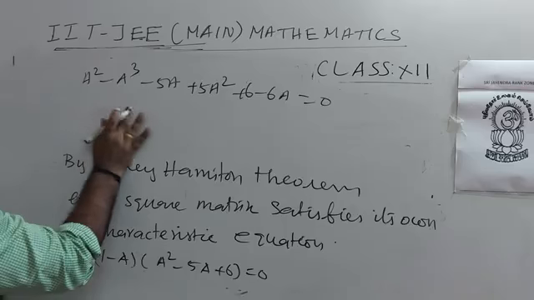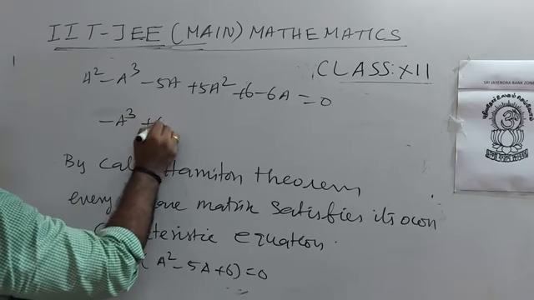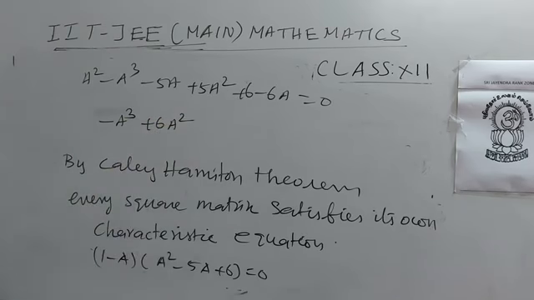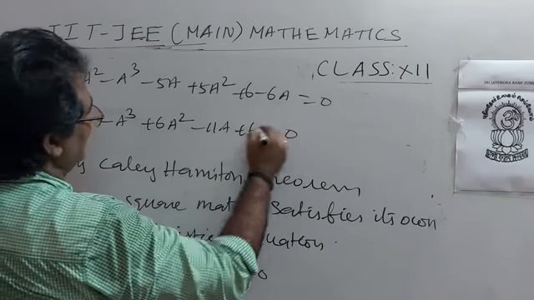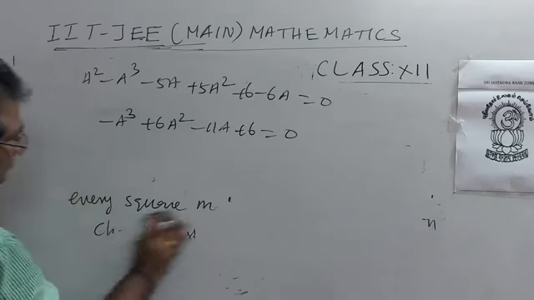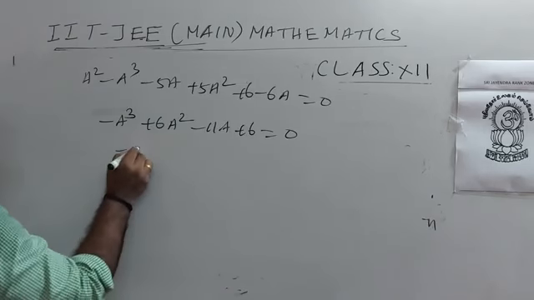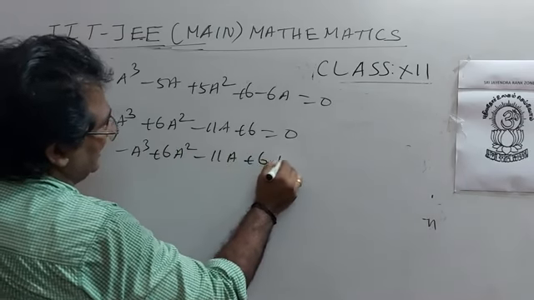So minus A cubed plus 6A squared minus 11A plus 6I equal to 0.